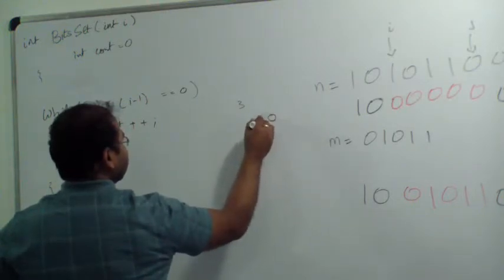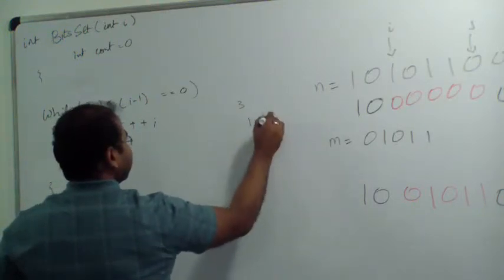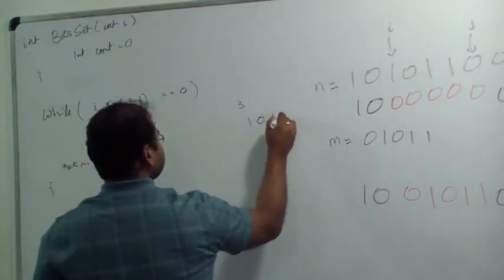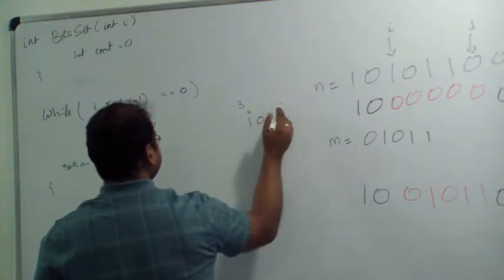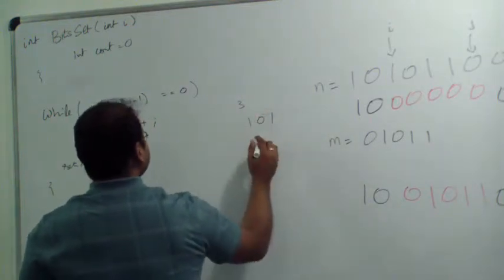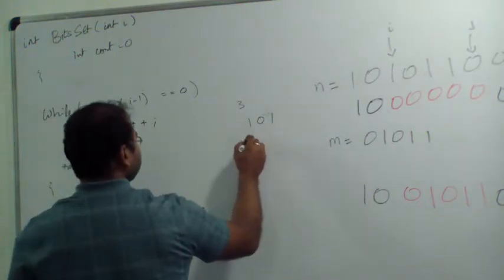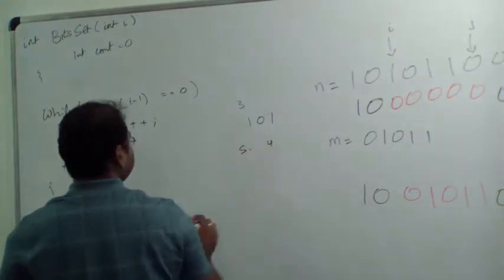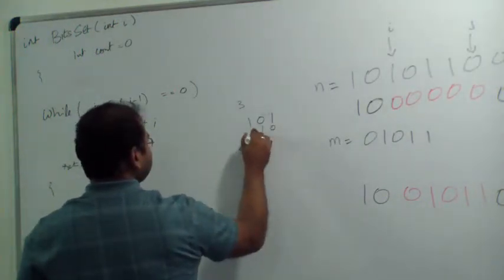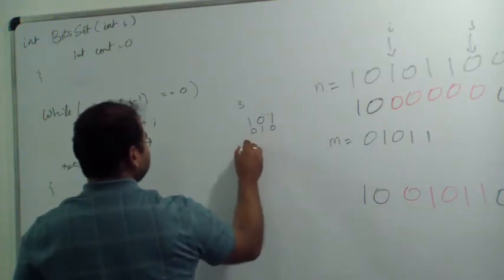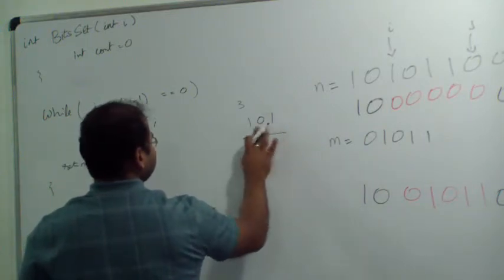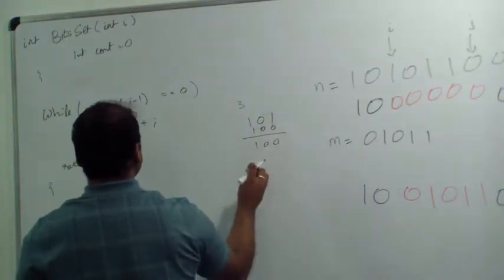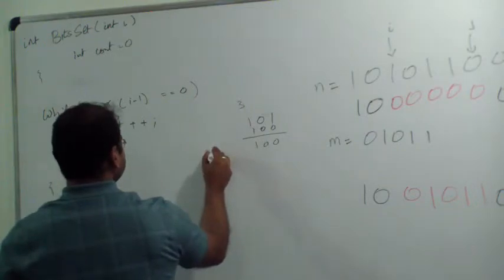So now we have 5, and you do 5 AND 4. 4 is 100, and when you do the AND operation, it becomes 100, and the count becomes 1.